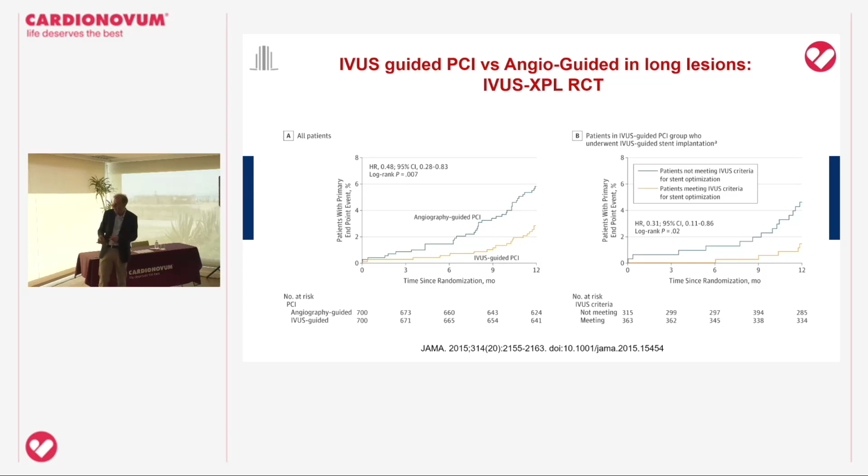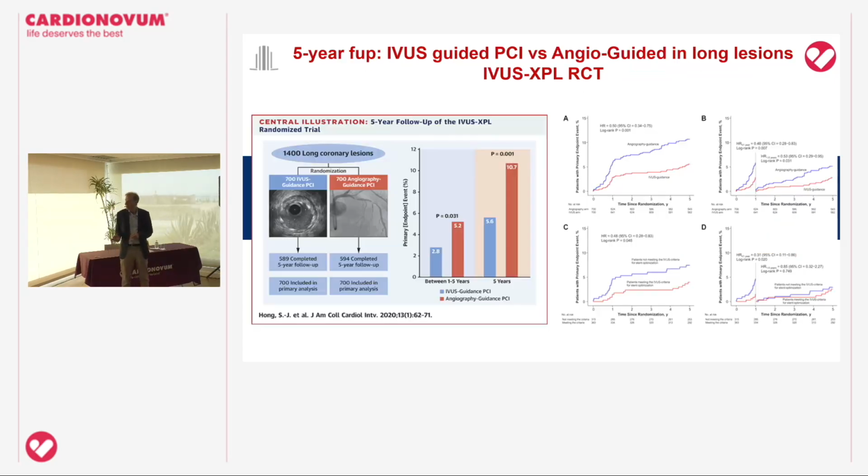In those patients with optimal result, the outcomes are much better than in those patients who, regardless of using the IVUS or not, don't get optimal results. And this is the 5 years follow-up of this trial, showing the same important feature, that in patients with IVUS guidance, you end up with better results, and these results are even increasing over time.